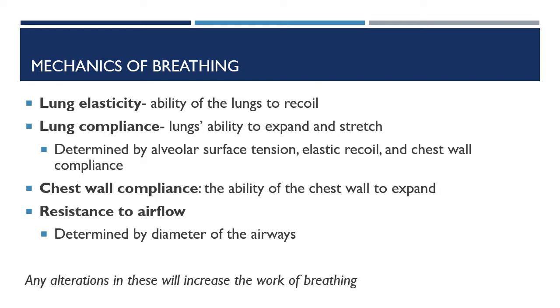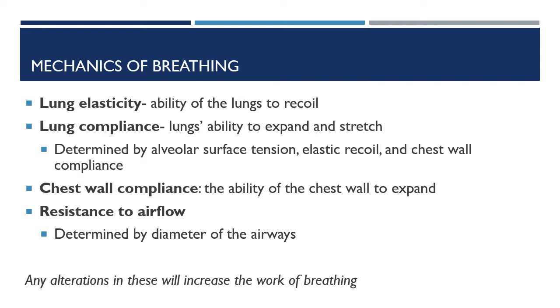Someone who is morbidly obese is going to have reduced chest wall compliance, meaning the intercostal muscles and the diaphragm are going to have to contract really hard to open up the chest wall because there's a lot of weight associated with it. Okay, so chest wall compliance is the ability of the chest wall to expand.